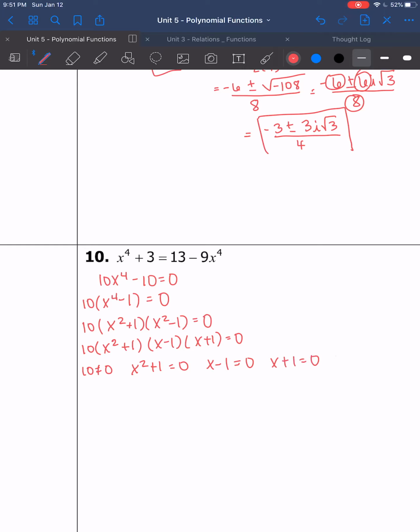So x squared equals negative 1, x equals plus or minus i, and x equals plus or minus 1. So my solutions are plus or minus i and plus or minus 1.